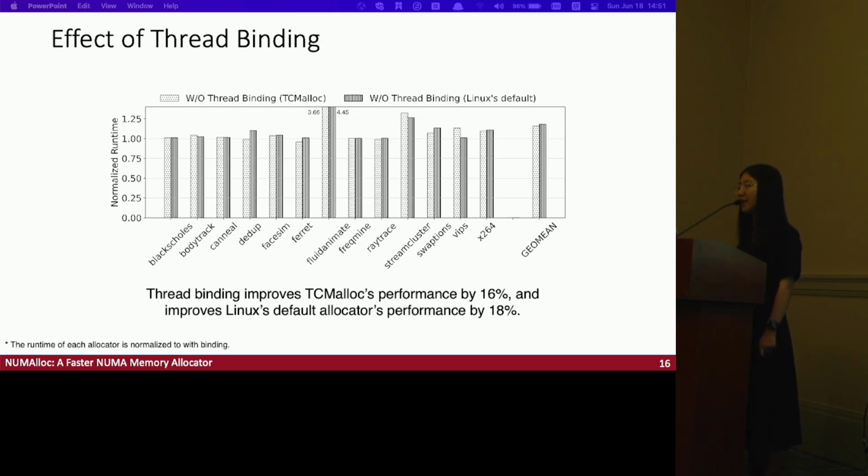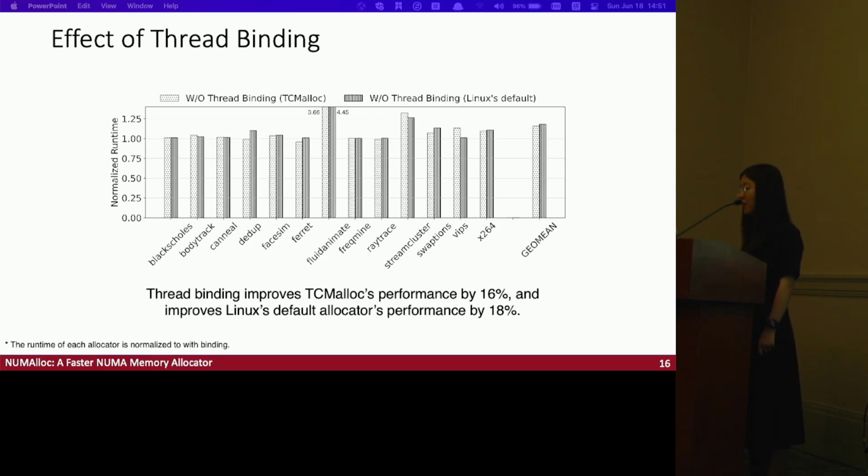What's the impact of each design choice on the overall performance? Let's start by examining thread binding. We cannot directly evaluate thread binding on NUMAlloc, since other design choices like origin-aware deallocation and incremental sharing are based on it.